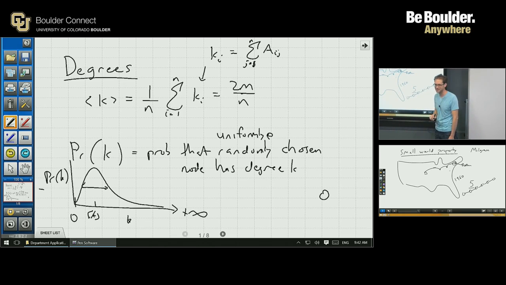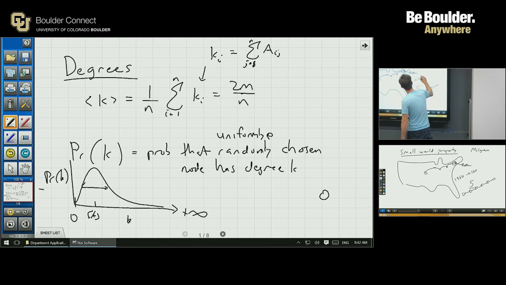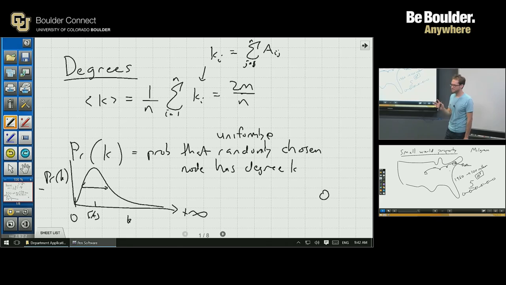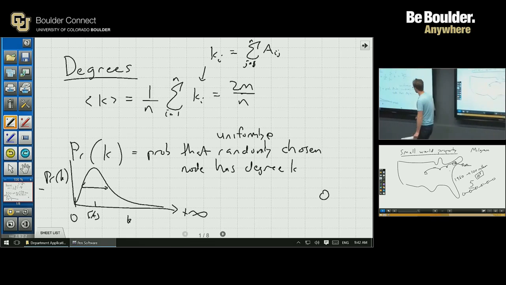More than 5. Any other ideas? Maybe about 100 million. 100 million. Or that's 10 to the 8th? Yeah. Okay. So 10 to the 8th sounds like a big number. 5 sounds like a small number. So why is that surprising then?